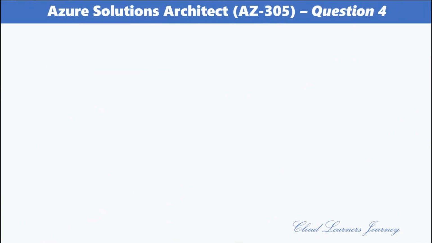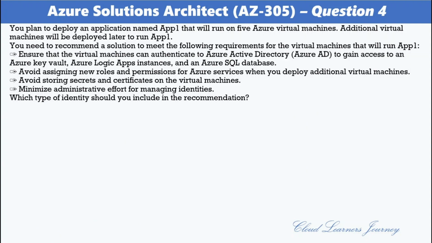Next, question number 4. You plan to deploy an application named App1 that will run on 5 Azure virtual machines. Additionally, virtual machines will be deployed later to run App1. You need to recommend a solution to meet the following requirements for the virtual machines that will run App1. First requirement, ensure that the virtual machines can authenticate to Azure Active Directory to gain access to an Azure Key Vault, Azure Logic App instances, and an Azure SQL database.